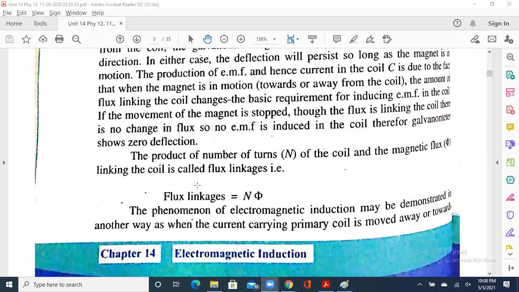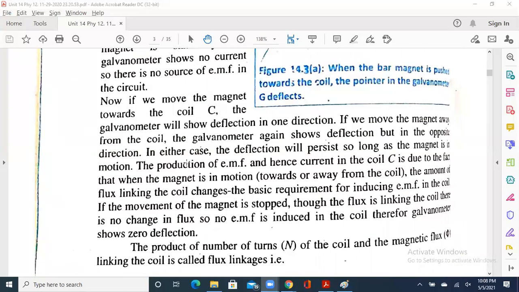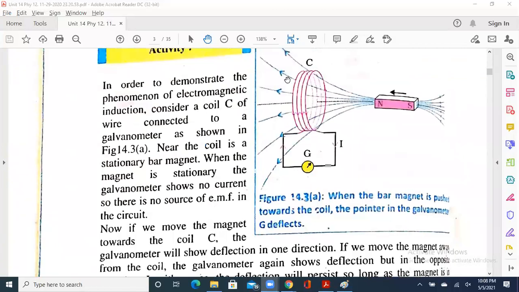Yes, we can do that if we are having a number of turns of the coil. For example, you can see here that this is first turn, round shape, second turn, third turn, and fourth turn. Sorry, 4 turns. It is having number N. N is equal to 4, means number of turns is equal to 4.